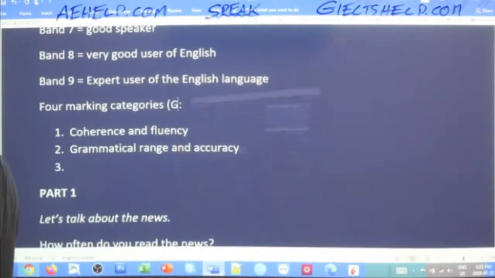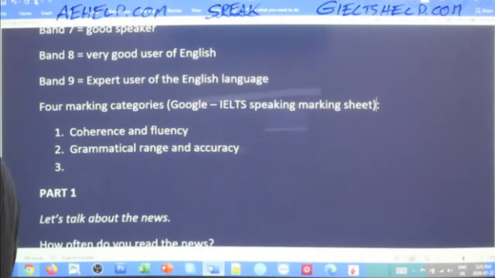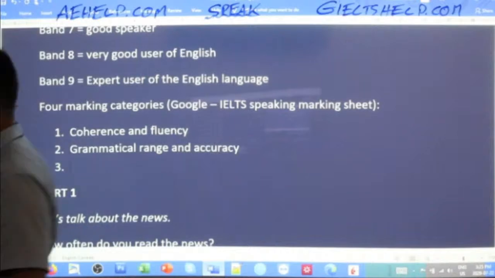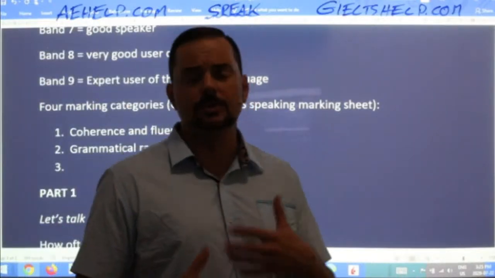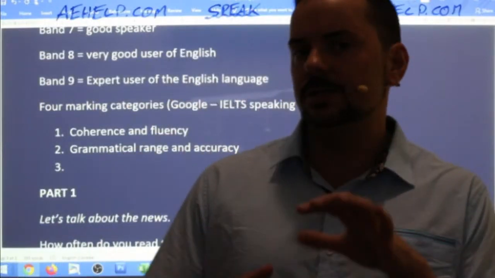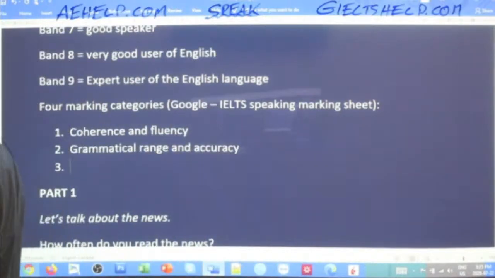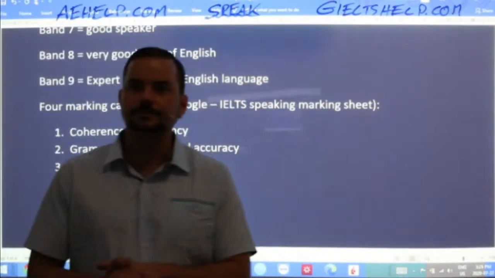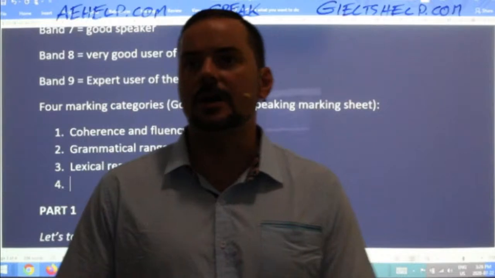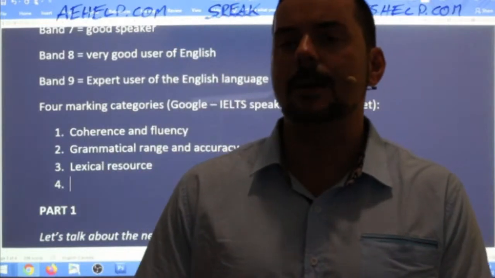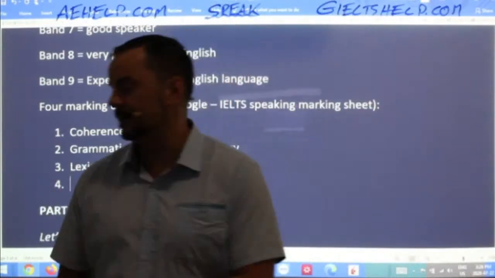So you can Google IELTS speaking marking sheet, and you'll find this, okay, in much more detail. But I want to explain this a little bit to you right now so you get an idea of what's going on and how it's connected, okay? Another one is Lexical Resource, that's right. Okay. And the other one is pronunciation, okay?